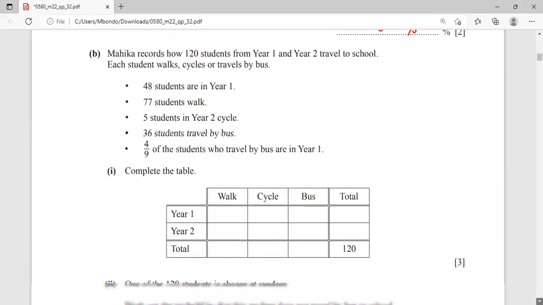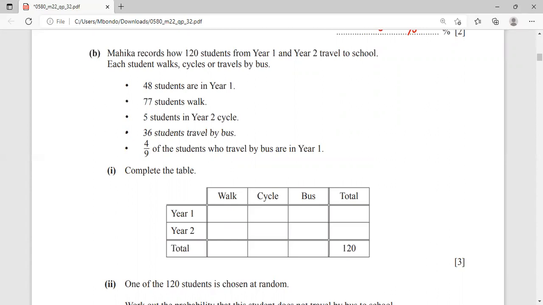Then we come to the second one. Silka records how 120 students from year 1 and year 2 travel to school.